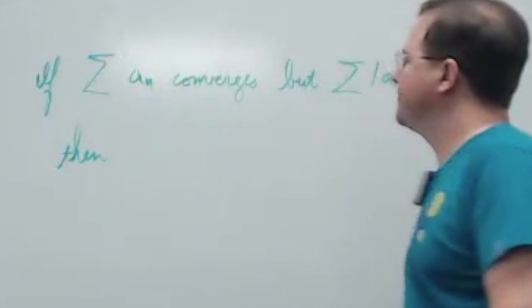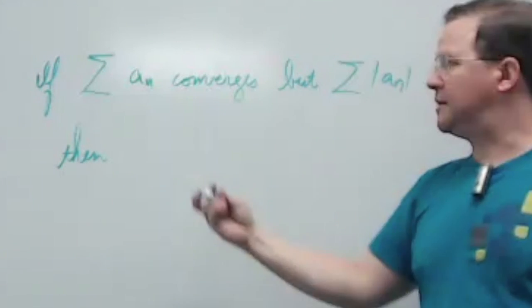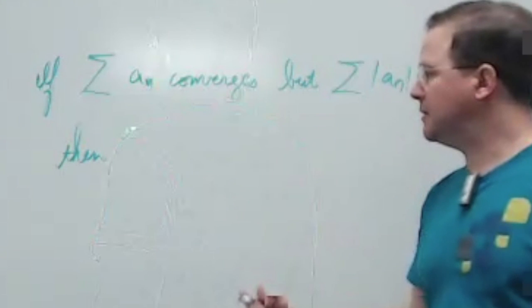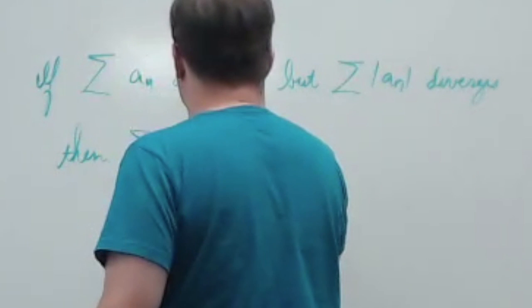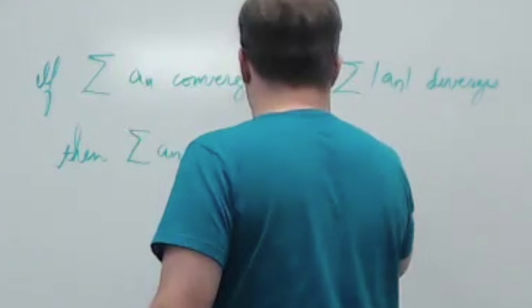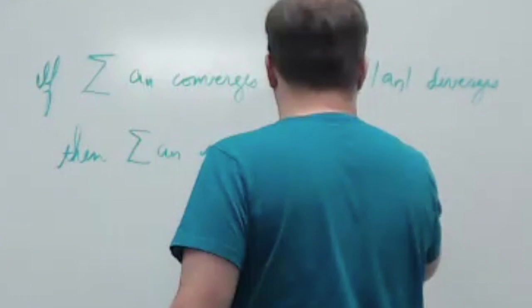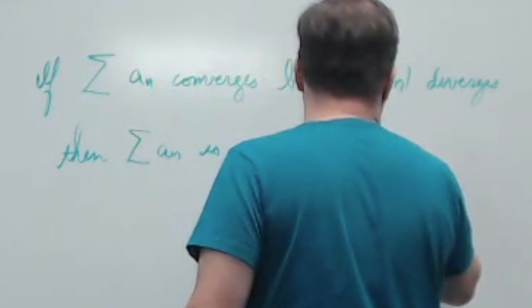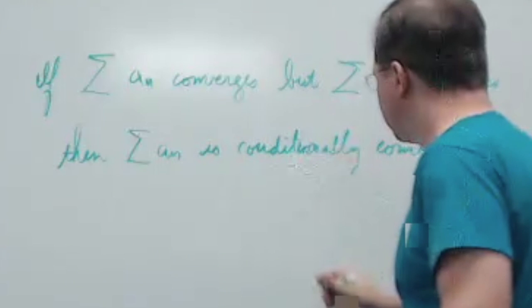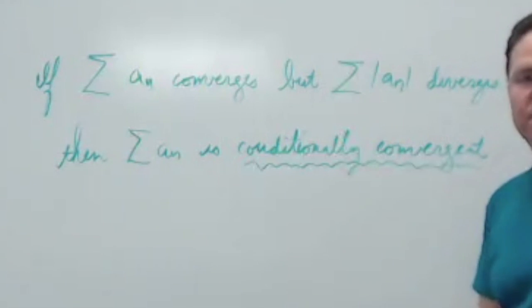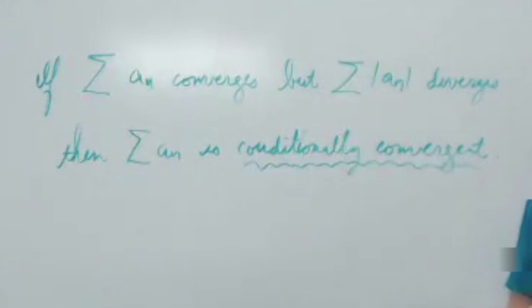Then we're going to describe the way in which this converges by saying AN is conditionally convergent. So it's conditionally convergent. Meaning, and I guess you can kind of see why.